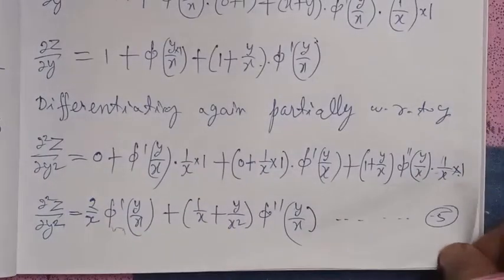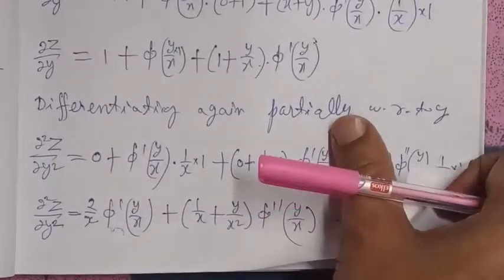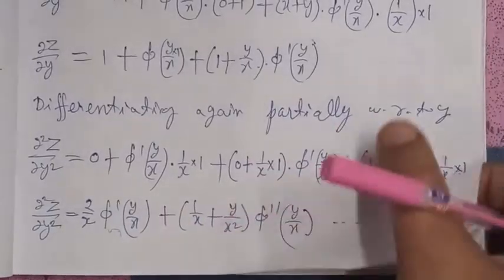So I start proving by taking the left hand side, and after it we can take the right hand side, and we will show these both sides are equal. By this we get the proof.